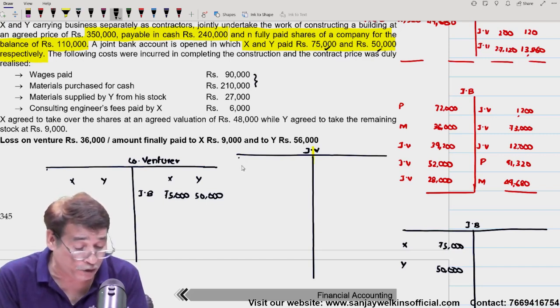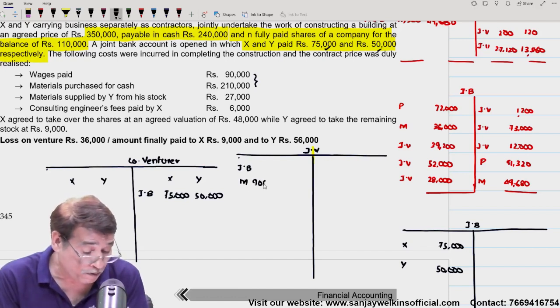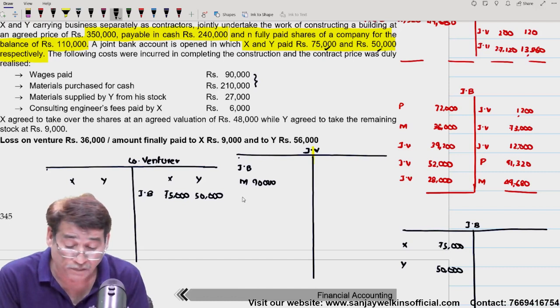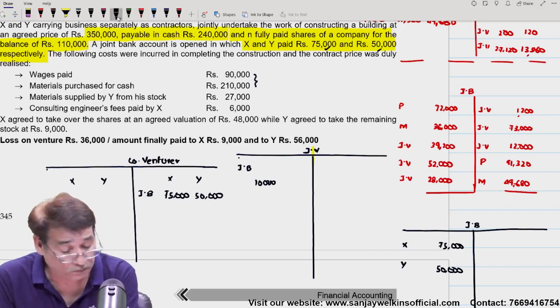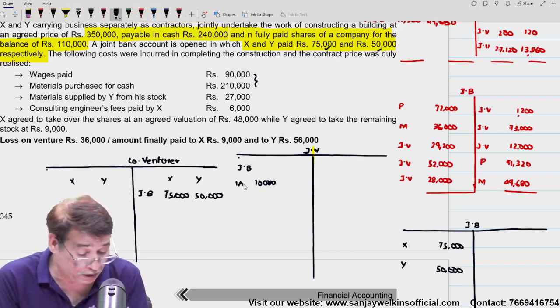So your entry will be joint venture account debit to joint bank account. Material 90,000, and this is actually wages, wages 90,000, and material purchased for cash 2,10,000. So total expenses 3 lakh.